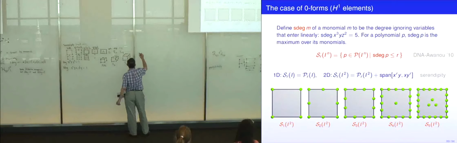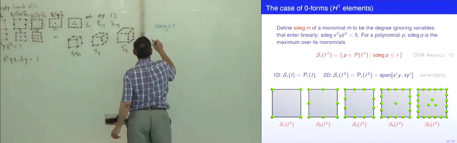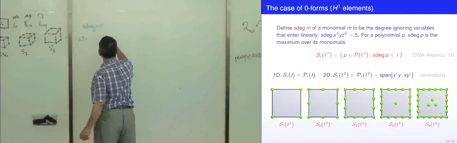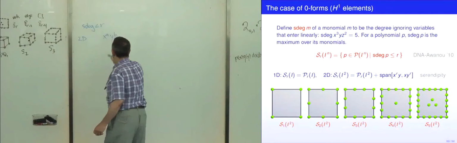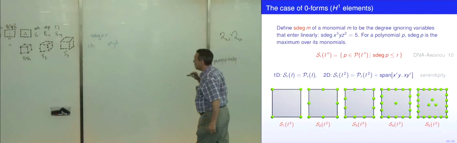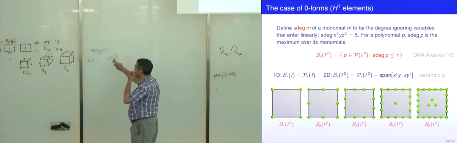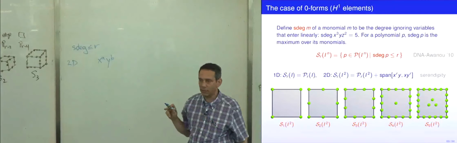So let's do 2D. We want superlinear degree less than or equal to r. In 2D, we're talking about x to the a, y to the b, and we want the degree to be the sum of a and b less than or equal to r, and you don't count it if either a or b is 1.